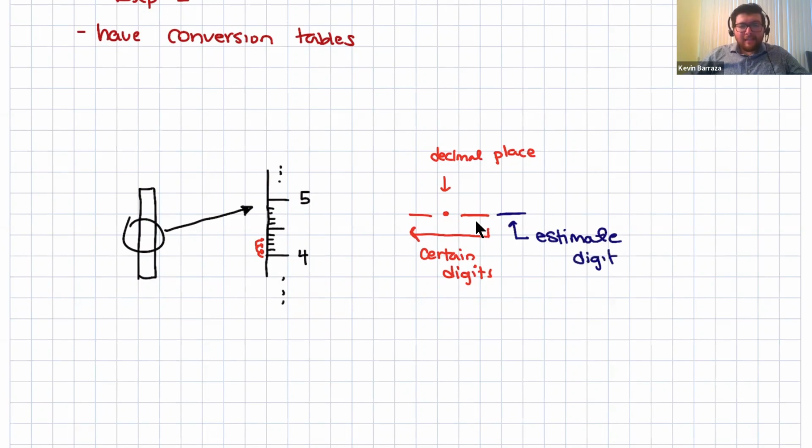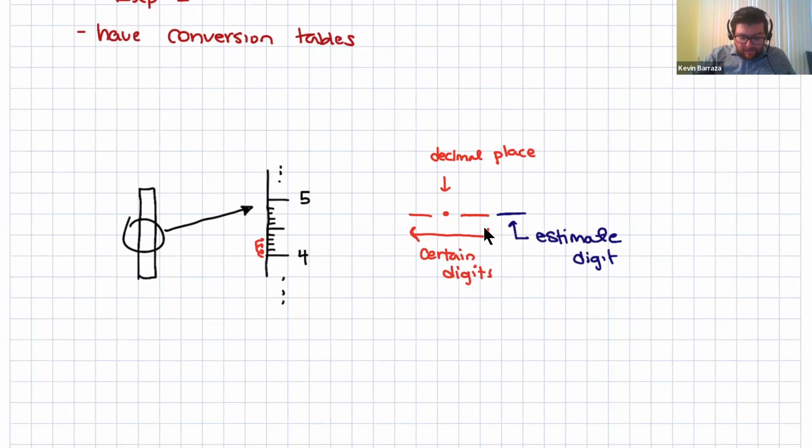What this means is that to use this ruler properly, we will always be using the tick marks to get the first digits, first decimal place, and then using our own intuition, I suppose, to estimate the next digit.